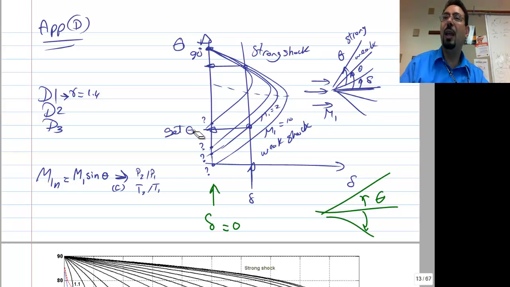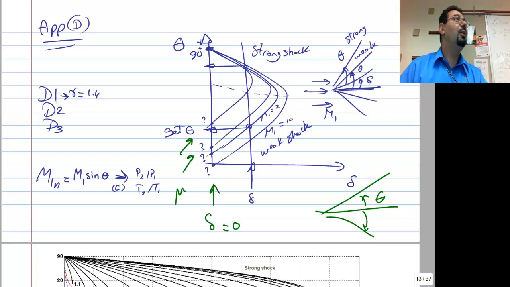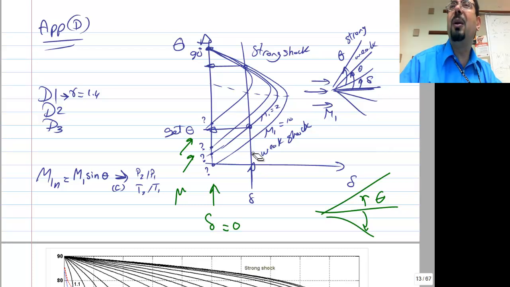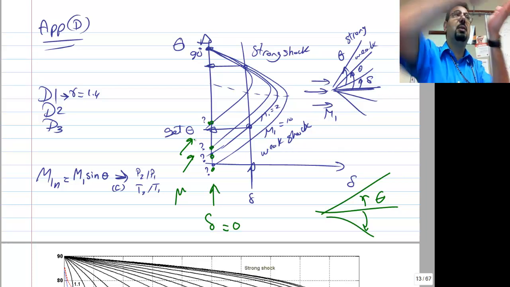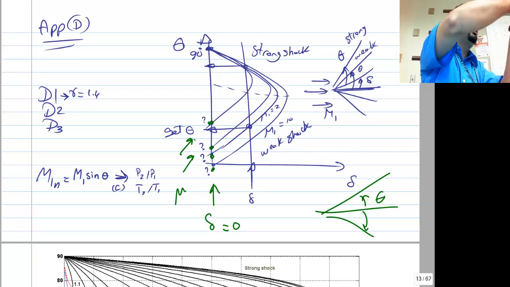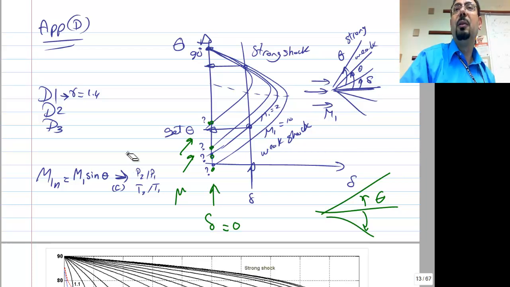Sine inverse of 1 over M. Those are the mu's. So for different Mach numbers, each one of them has its mu. That's because delta is 0. You are flying basically a piece of paper at that Mach number, so depending on this Mach number, you will generate the mu.